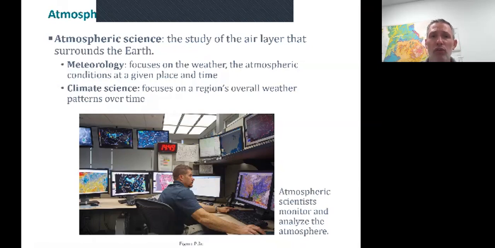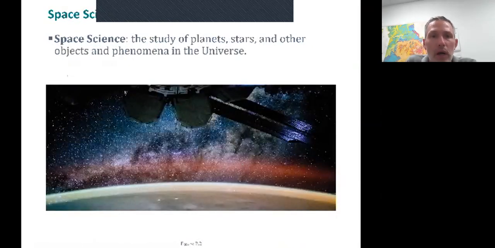If we zoom out into a longer time period, we'll start looking at something called climate, the region over a longer period of time. And then finally, space science or astronomy: the study of planets, stars, and other objects as phenomena in the universe, and how the Earth fits in.